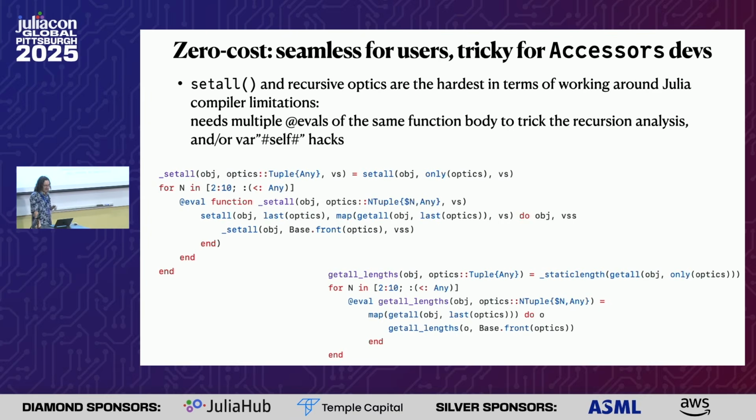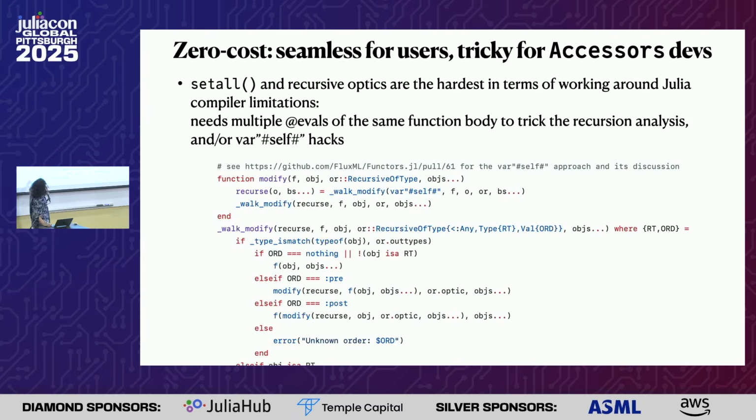We haven't found a better way other than using multiple evals in a loop, or there is this hash self-hash trick that works for some recursive functions as well. So if you can help with making this code cleaner, avoiding generated functions, evals, and other hacks, and still keeping the performance, I would be happy to chat with you. So that was the example of @eval calling @eval in a loop, and this is an example of where we need to use the hash self-hash trick that I just randomly learned about from some discussion at Functors.jl.